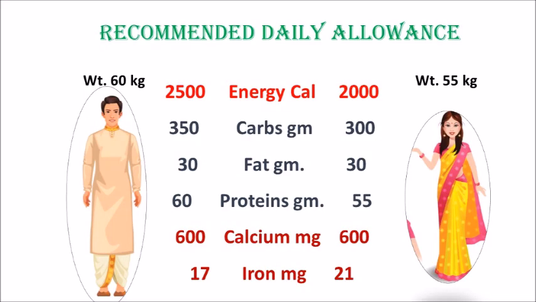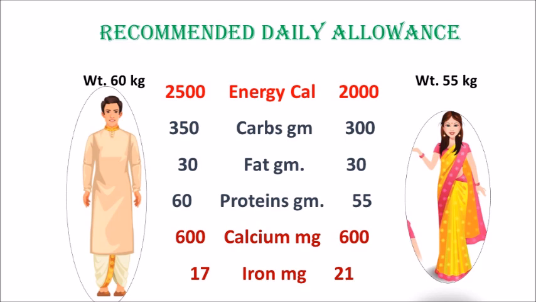Considering an adult man who weighs 60 kg and an adult woman who weighs 55 kg, recommended dietary allowances for some important nutrients are shown here. We will notice that the calorie requirement of women is slightly less, and that is reflected in the requirement of carbohydrates. The fat requirement is same.